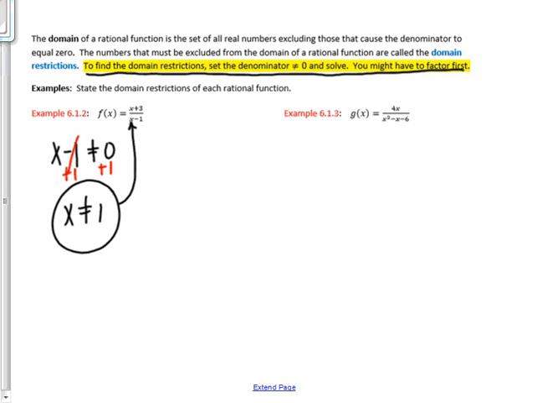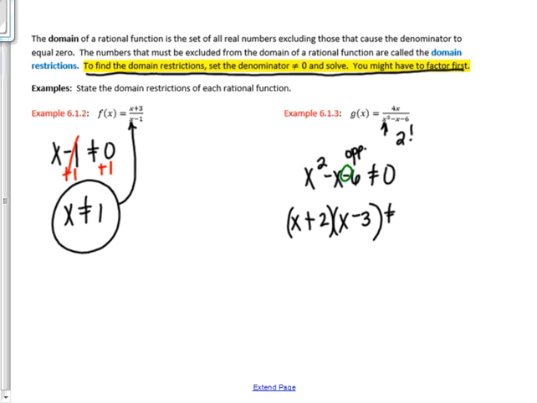If you got one like this, anytime you got an x squared, that means there are 2 of them. So what you would do is set the bottom not equal to 0, and you would factor it. So it's an easy trinomial. Well, multiplies for 6 and subtracts for 1. That's going to be 2 and 3. And they get opposite signs because you circled a minus, so I want a minus 3 plus 2. And then this works just like our previous lesson.